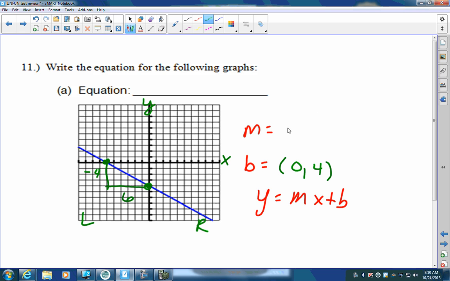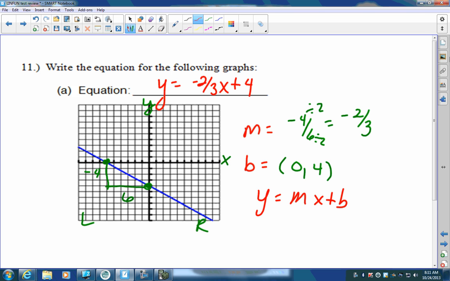Well, negative 4 over 6 is correct, but you need to reduce them when you can. So remember, we can go in the calculator, put negative 4 divided by 6, math, enter, enter. Or when you divide a 2 out of both of these, you get negative 2/3.